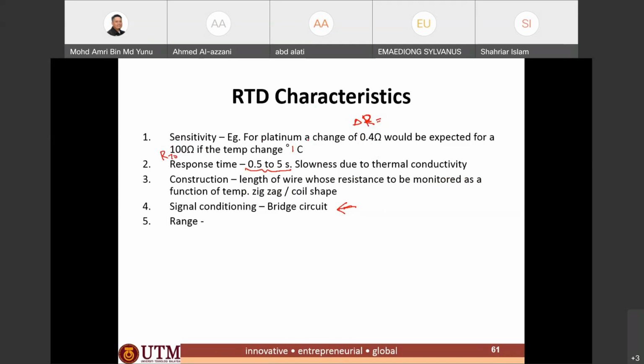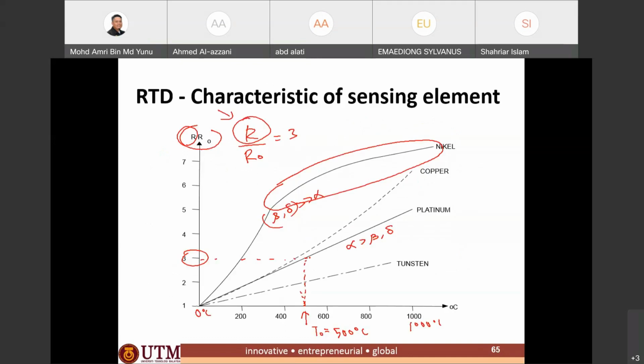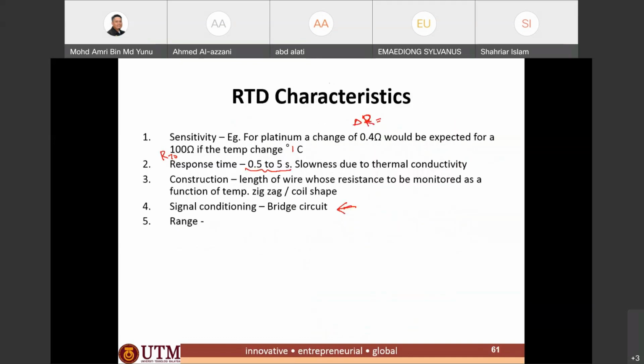And then the response time is slow, between 0.5 to 5 seconds. As I mentioned before, due to the thermal conductivity, the temperature takes time to be fully absorbed into the sensor, whereas the sensing element is in the middle of the structure.